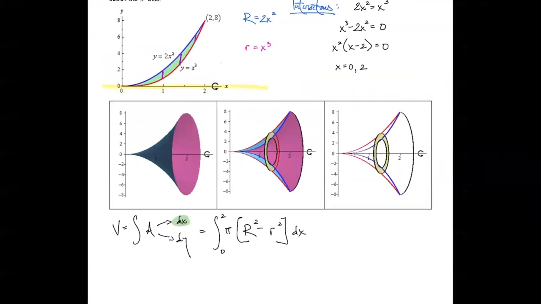So let's see what we wrote down for our big R and our little r. We've got 2x squared and we've got x cubed, which means we can bring out the pi, the integral from 0 to 2. And we're going to have 2x squared squared minus x cubed squared dx.